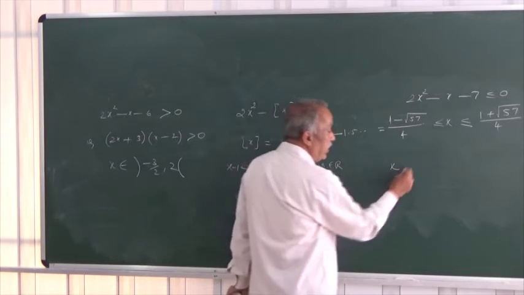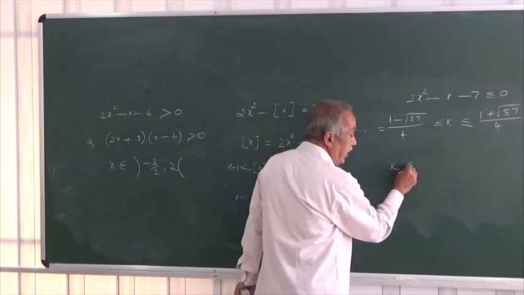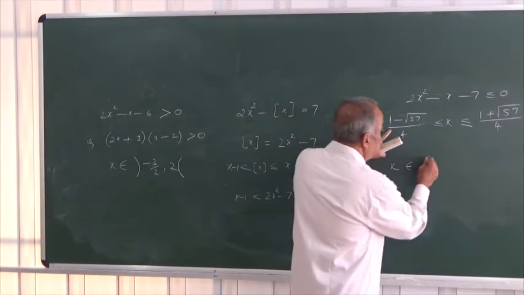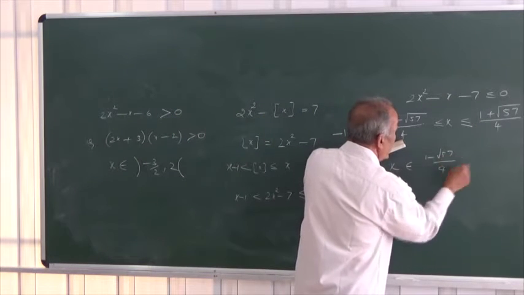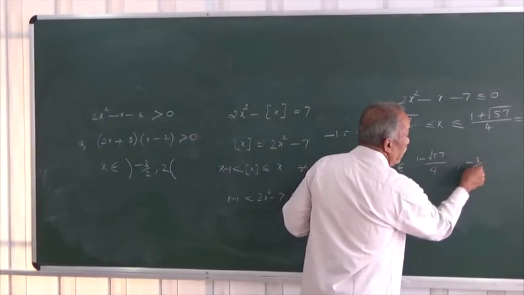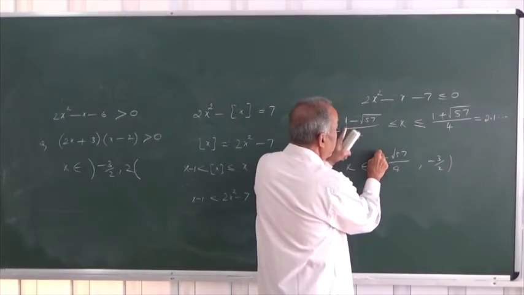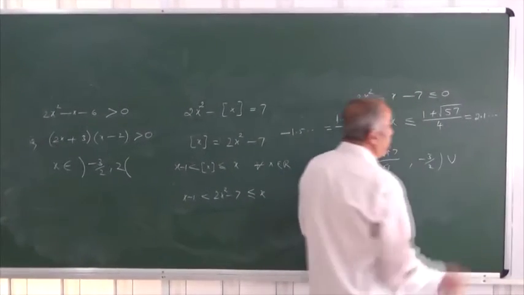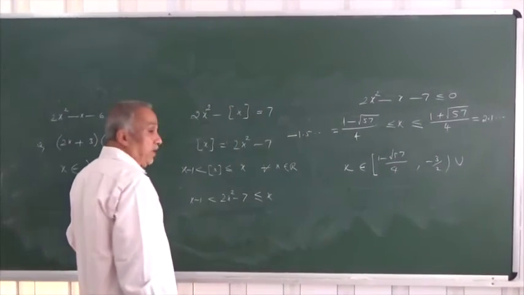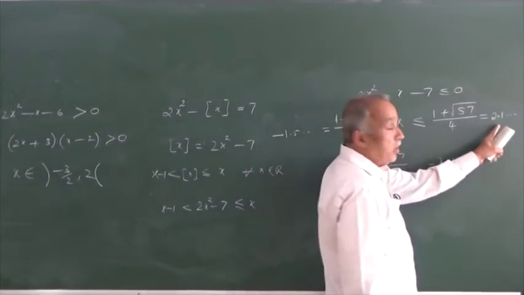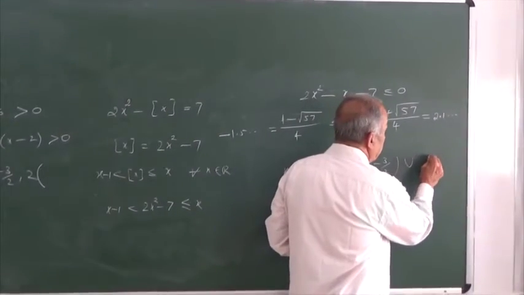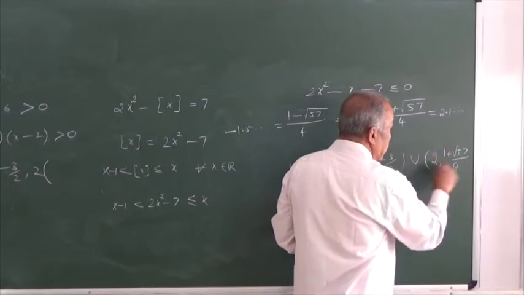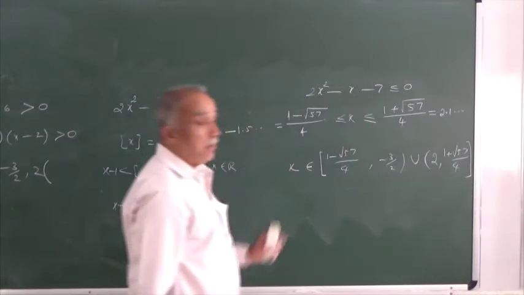So, we conclude x must be a number which either lies between 1 minus root 57 by 4 and minus 3 by 2, minus 3 by 2 excluded, 1 minus root 57 by 4 included, or must be a number between 2 and this 2.1 something, that is the interval 2 to 1 plus root 57 by 4, 2 excluded, 1 plus root 57 by 4 included.